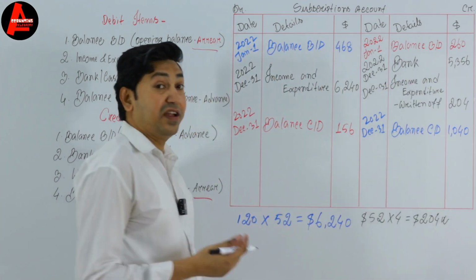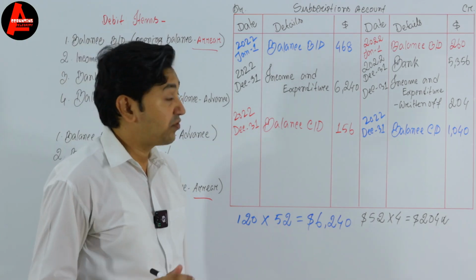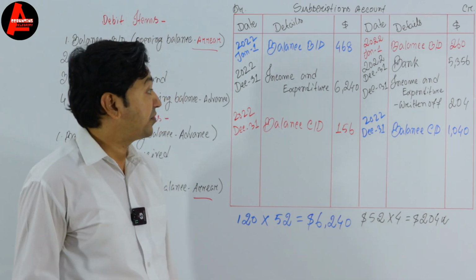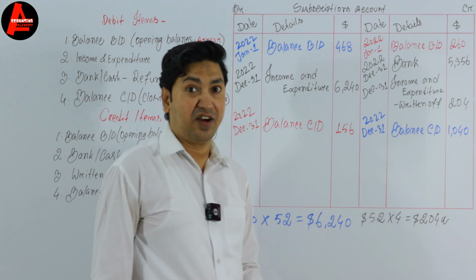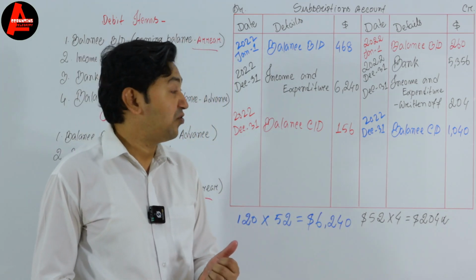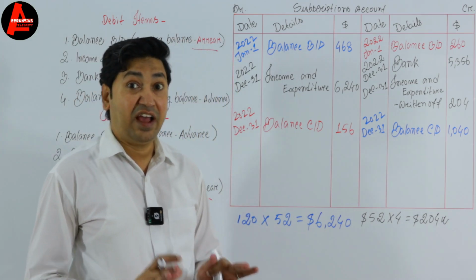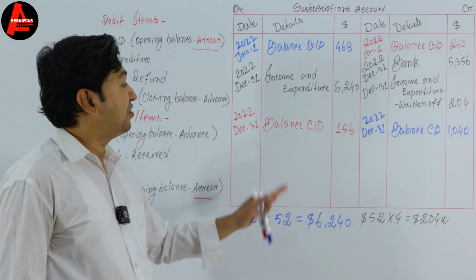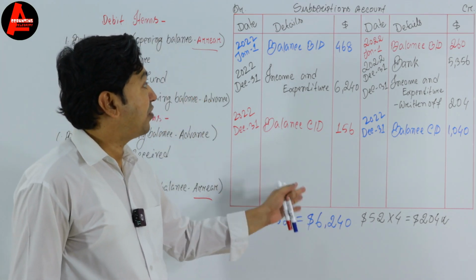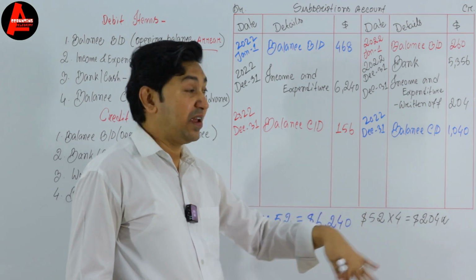Nothing else is left here. All the information related to subscription we have taken in this account. Now what to do? Now we need to balance it. As we recorded all the items, our debit amounts and credit amounts must be the same.